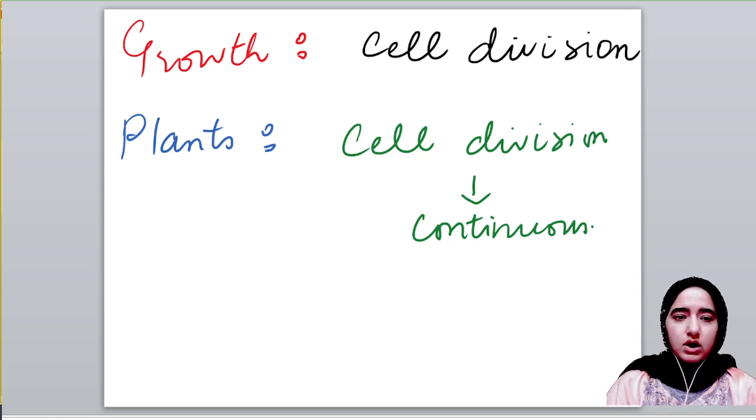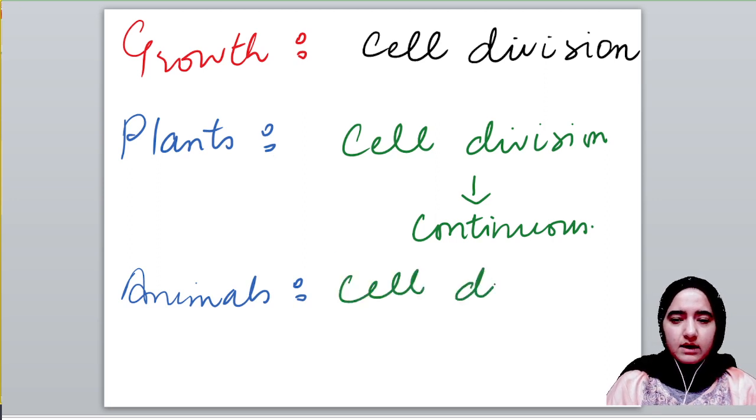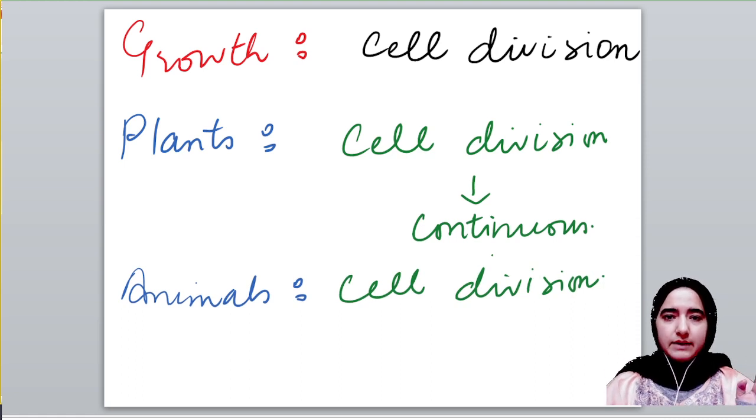But if we talk about animals or human beings, cell division stops after a period of time. For example, we usually say that after the teenage years we won't grow taller, because cell division becomes restricted. No more cell division takes place.